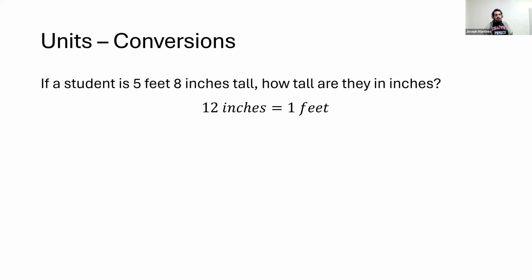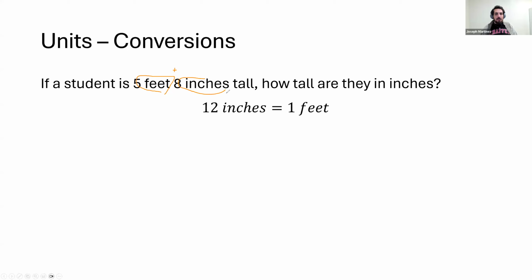So if you have a student that is 5'8" tall, let's say this student wants to know how tall they are in inches. Well, we need to apply this unit conversion to get feet to inches. What this is saying is that we have 5 feet plus 8 inches.